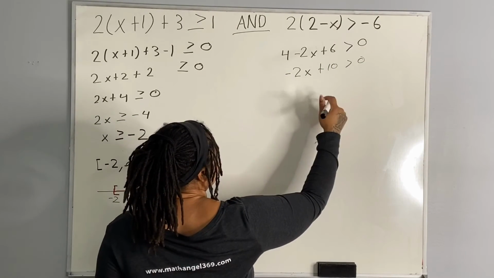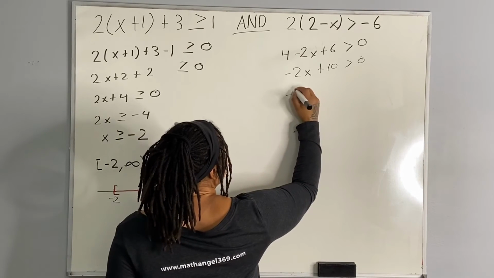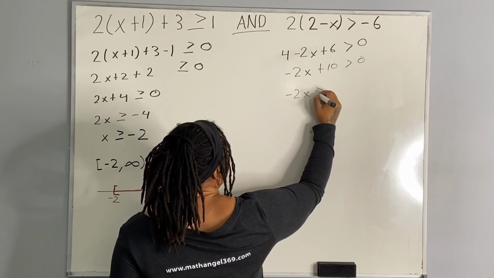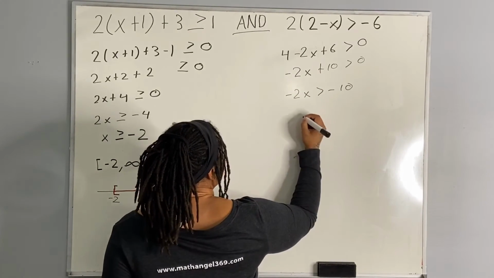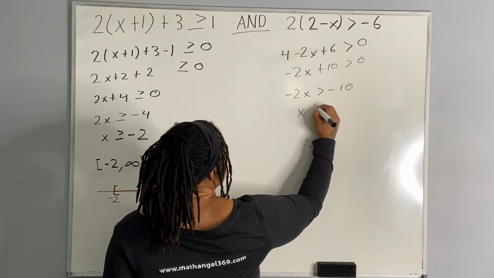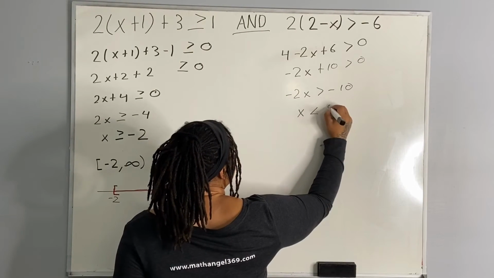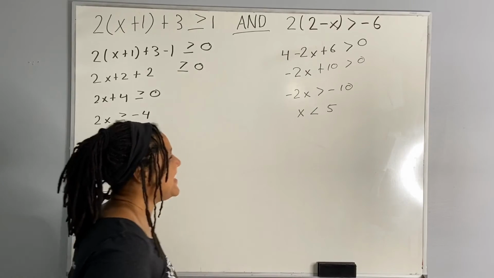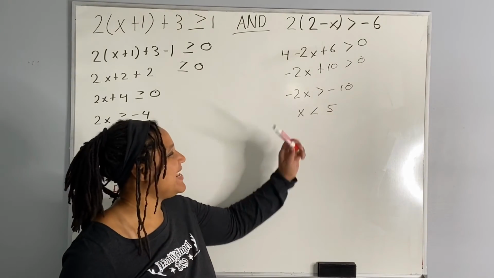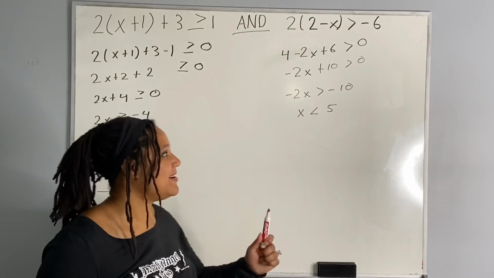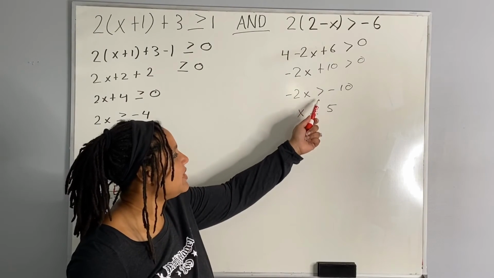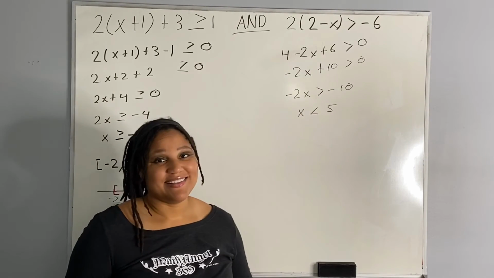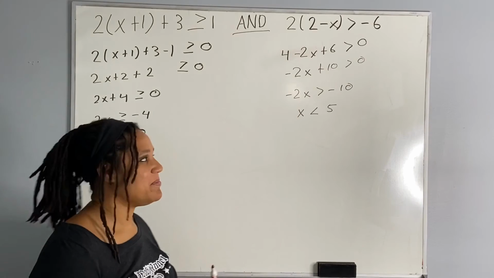And so if I subtract 10 from both sides, we get negative 2x is greater than negative 10, which means we have x is less than 5. Be careful again, we are dividing by a negative number, which means we must flip the sign. Be sure to remember that.